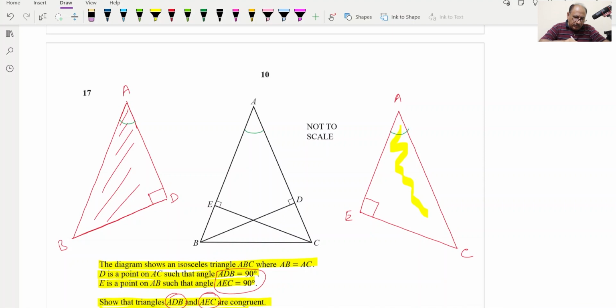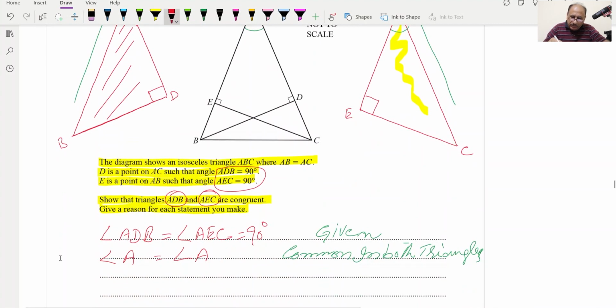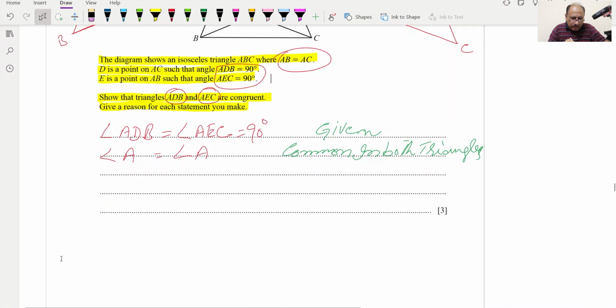Now we can compare these two sides AB and AC, and in the question it is provided that AB is equal to AC. So we can write AB is equal to AC, and the reason for this one is also given. This is the information which is provided.